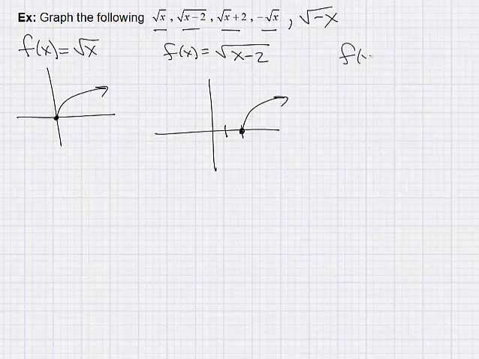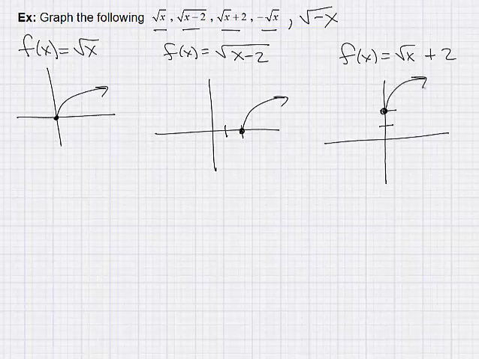How about the square root of x plus 2? In that case, the plus 2 is outside the square root. Well, outside the square root, I'm going to go up 2 units because I'm adding 2. So I go up 2 units and I'm there. So these are all compared to this original graph. Right 2 units, up 2 units.